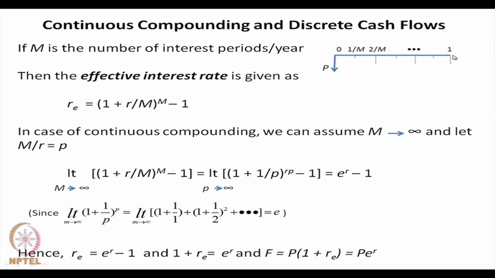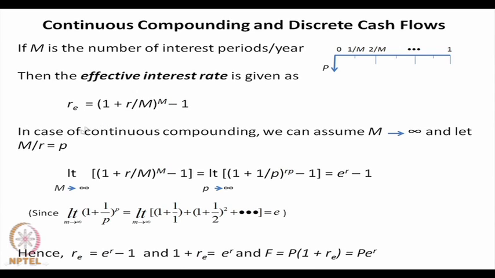So, if this is 1 year and every interest period is 1 by m, 2 by m, and m by m becomes 1, m number of compounding of interest. So, the effective interest rate is R E equals (1 plus r divided by m) to the power m minus 1.